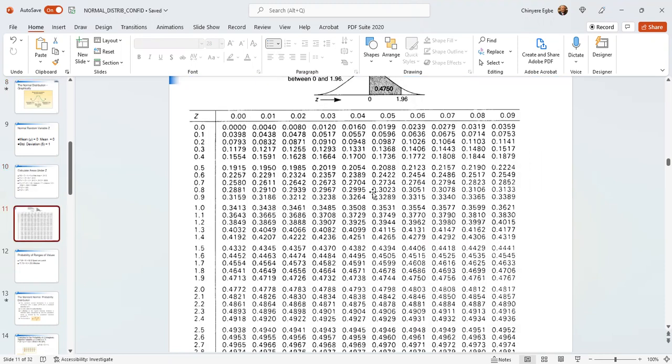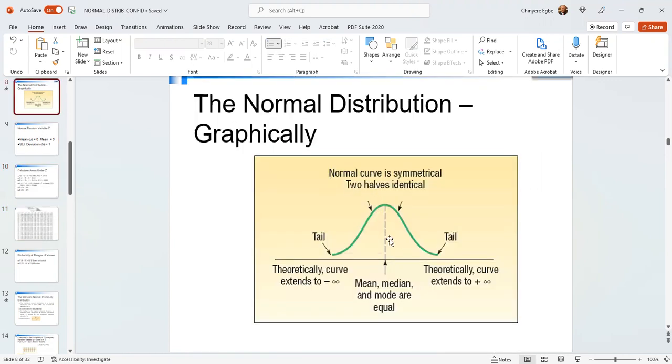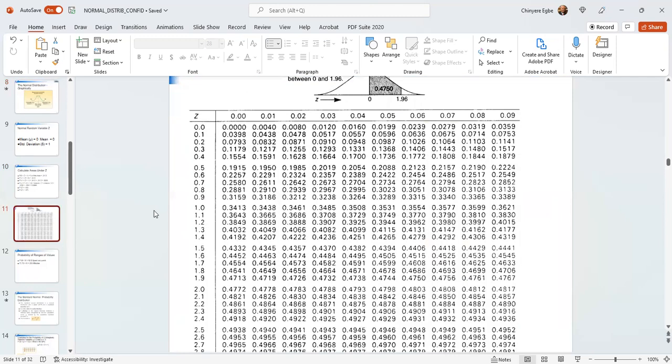So what you realize is that 1/2 of the curve is 0.5. So if you take the area from 1.93 and up, that means you are taking the 0.5 on this side and subtracting the area from 0 to 1.93, and what is left is on the tail end of 1.93. So we have 1.9, and we go under the curve here to 3, so we have 0.4732.